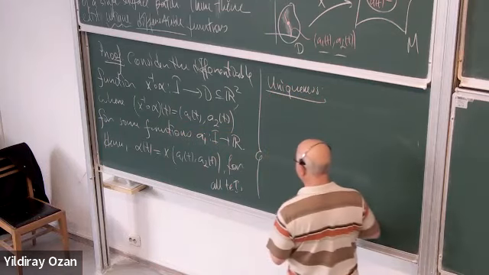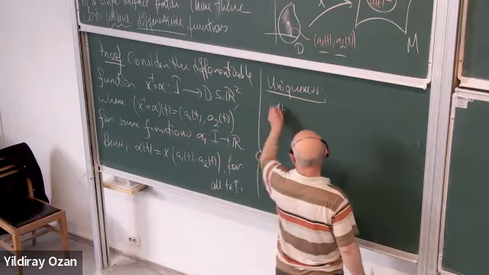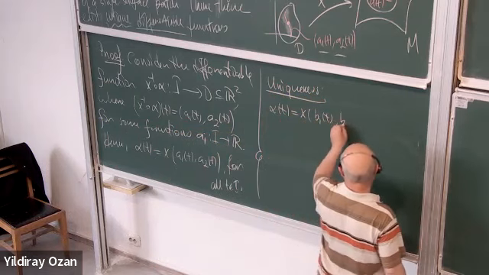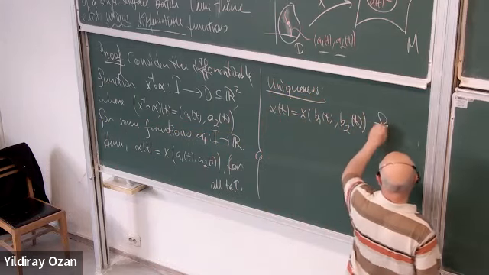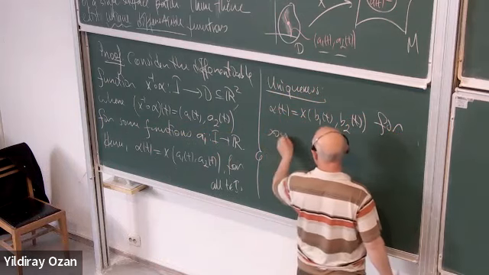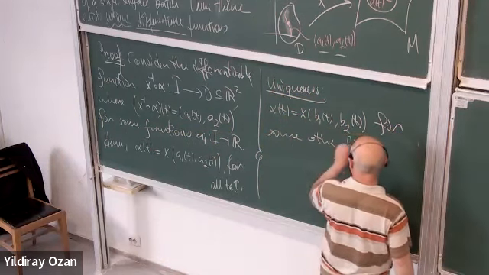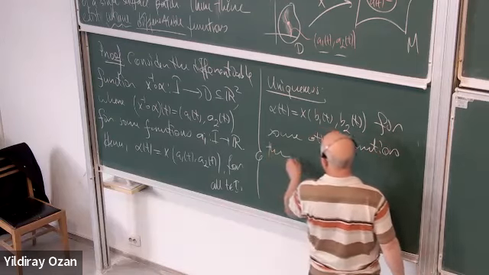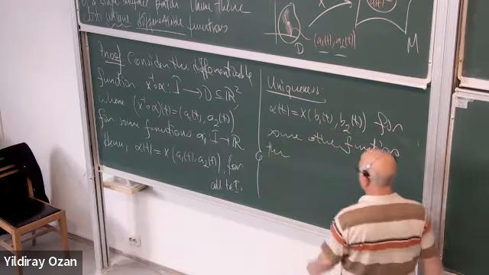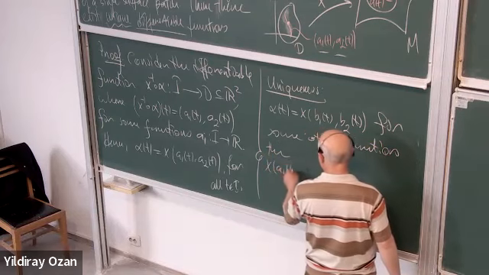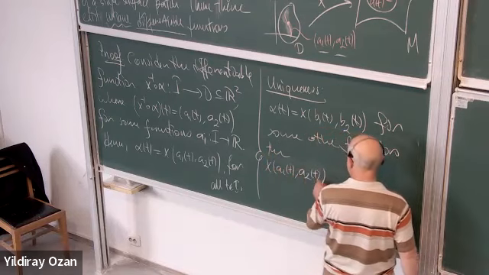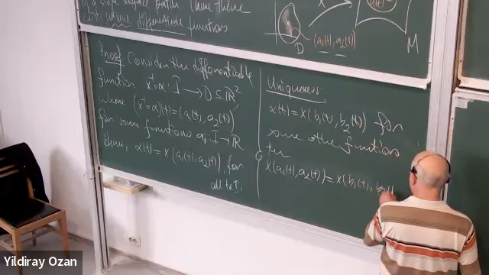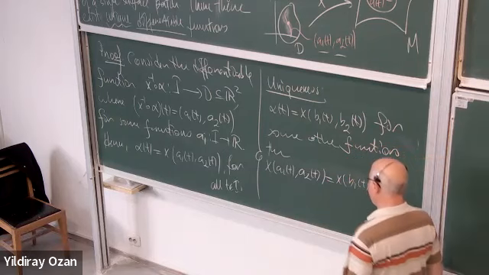If, let's say, alpha of t is equal to x of b1(t), b2(t) for some other functions, then of course we have x of a1(t), a2(t) is equal to x of b1(t), b2(t) for all t.